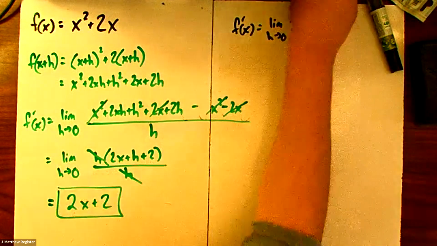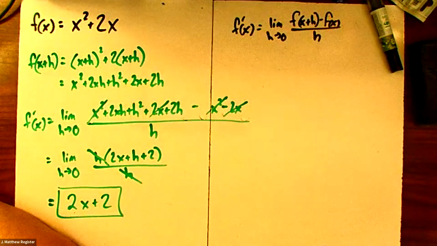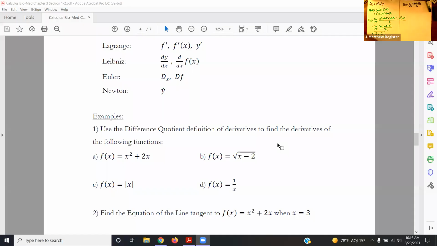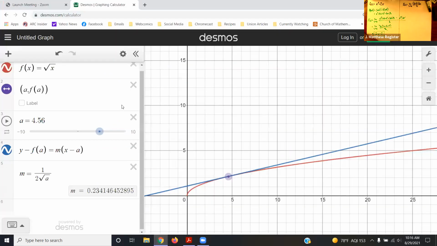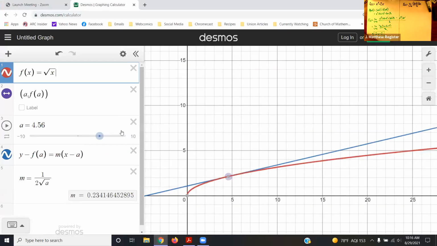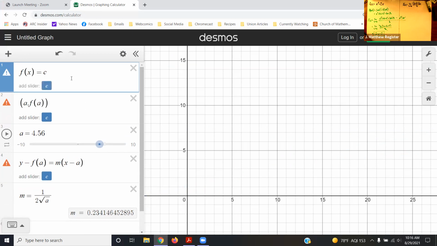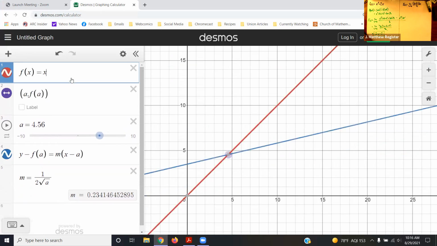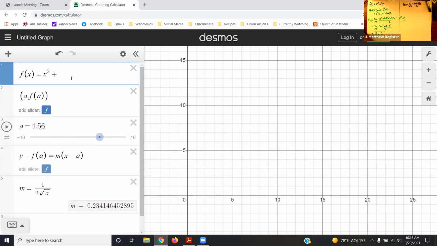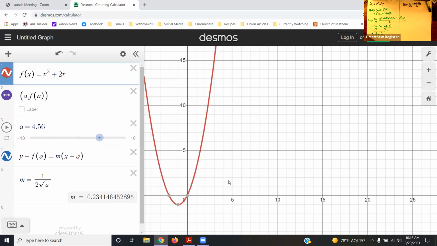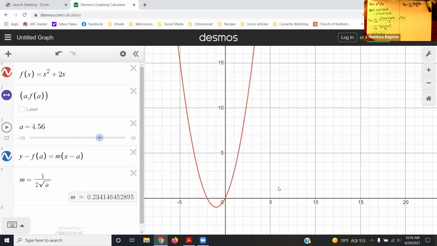Let's double check our answer using our good friend Desmos. And so we got that the derivative of x squared plus 2x is 2x plus 2. And so in this case, we can get rid of this function and we can replace it with x squared plus 2x. And to verify this, we can actually keep much of the same framework that we already have.